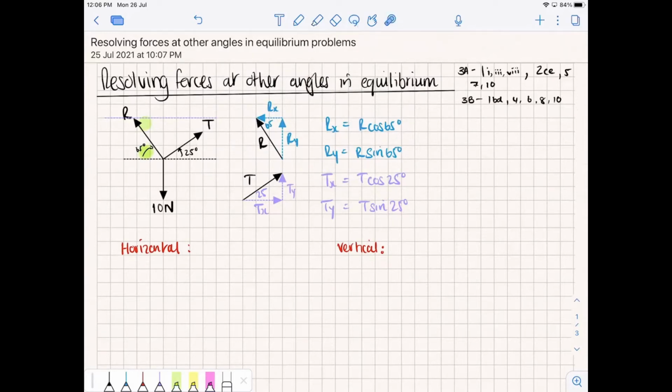Okay. Stop me if I'm making no sense and you want me to explain something again, all right? Now, using our good old trigonometry, I can solve for the horizontal component and the vertical component. And that gives me R cos 65 as my horizontal component, and R sine 65 as my vertical component, okay?